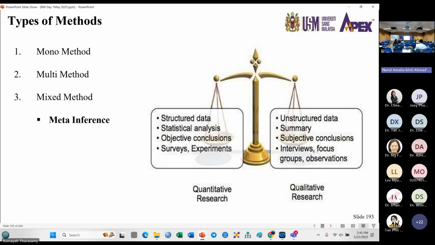I usually chair viva for students from the education school. They do question 1 quantitative, question 2 qualitative, and then they claim that they mix it. Then I ask them, where did you mix? Oh, in our area it's like that. And then one more thing is, they have the hypothesis and research model in chapter number 1.